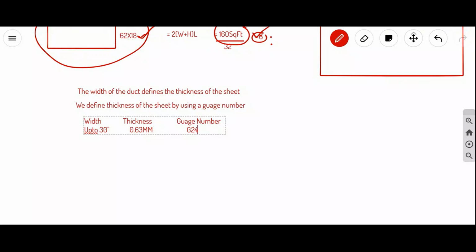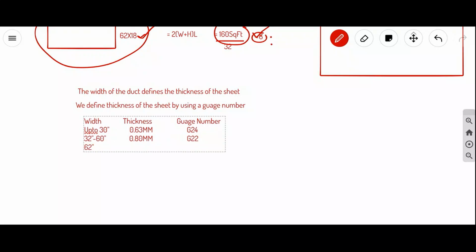From 32 inches to 60 inches, 0.80 mm, so gauge 22.